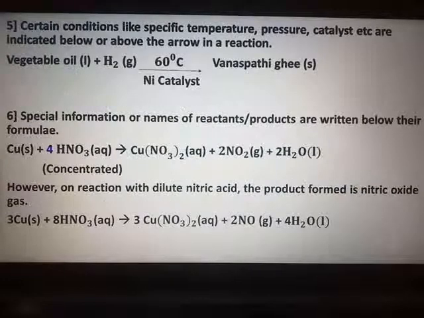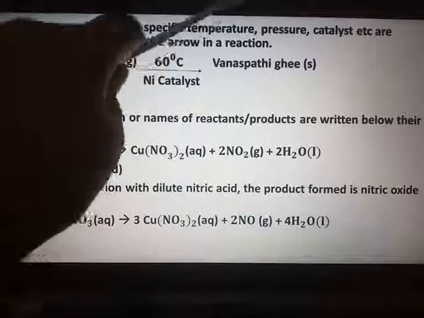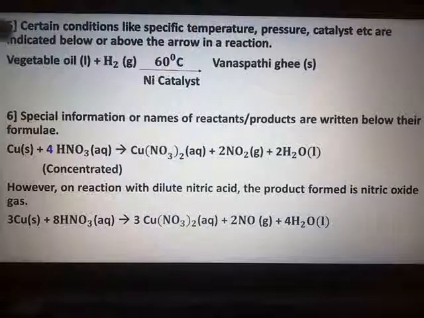Now, all reactions do not take place under normal conditions. So it is necessary to fulfill certain conditions like specific temperature, pressure, catalyst, etc., which are indicated below or above the arrow. Whatever additional conditions you are supplying to bring out that reaction have to be mentioned below or above the arrow.